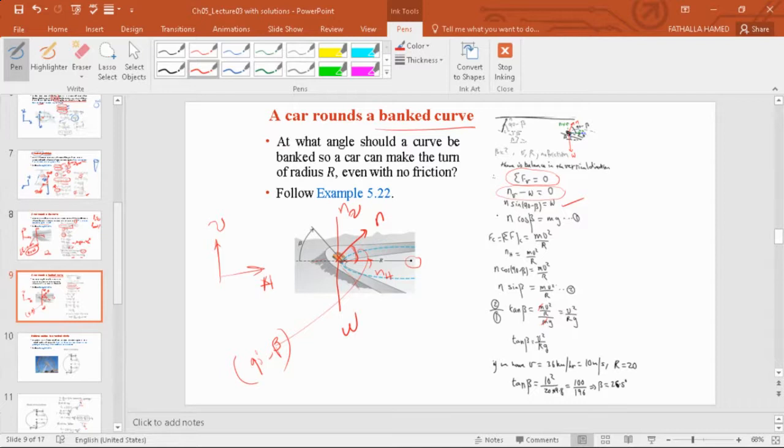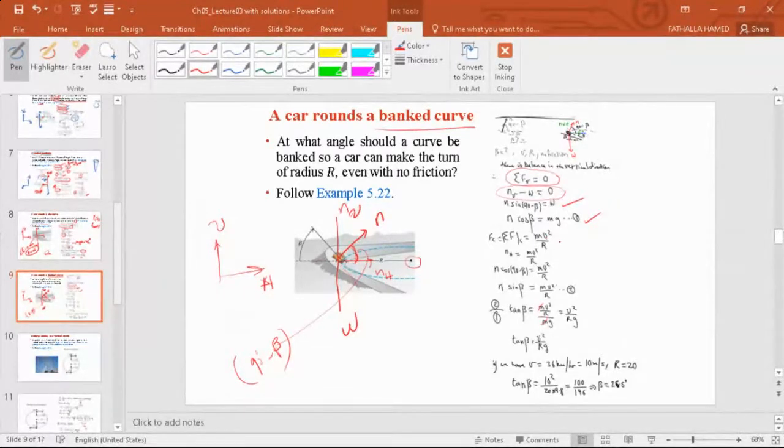That's why we say here that n sine 90 minus beta is equal to the weight. You know complementary angles, right? Sine 30 equals cosine 60. So here, sine 90 minus beta is equivalent to cosine beta. So that's why we say n cosine beta equals mg, where mg is the weight. That's if we look vertical.